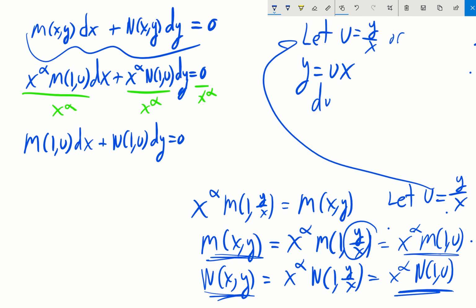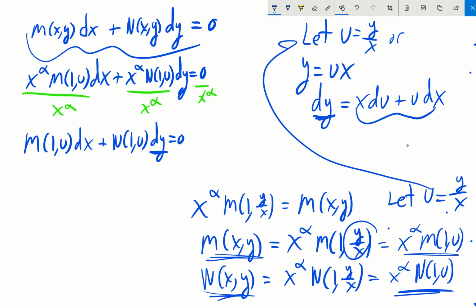So if you wanted to take the differential, what would dy be equal to? Well, this is good old school product rule. It'd be the differential of u times x, that's x du, plus u times the differential of x, which is u dx. So in our differential equation, everywhere we see dy, we can put this.